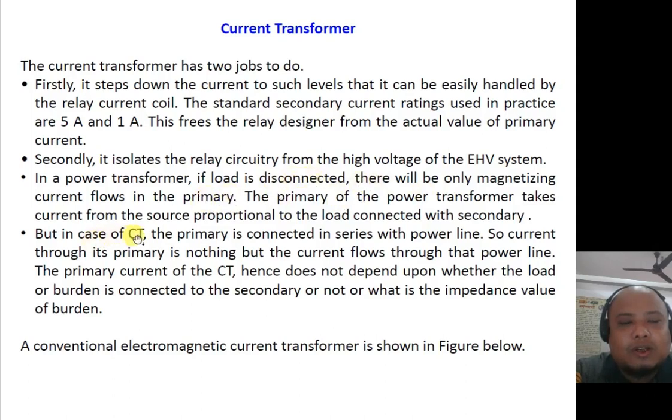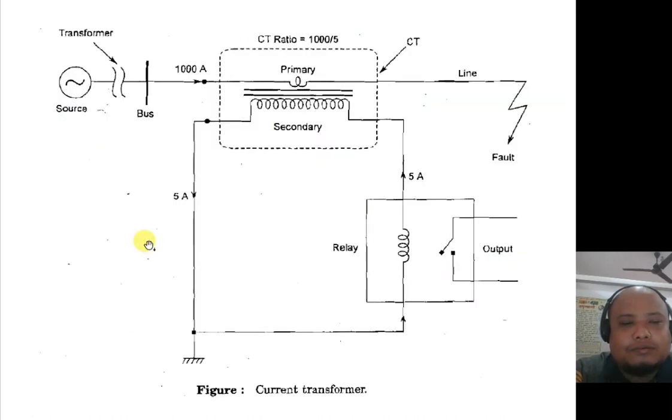But in case of the CT, primary winding current is nothing but the current flowing in the line, so that current does not depend on the secondary side load. Okay, that is the difference between a power transformer and a CT. This diagram has already been shown to you.